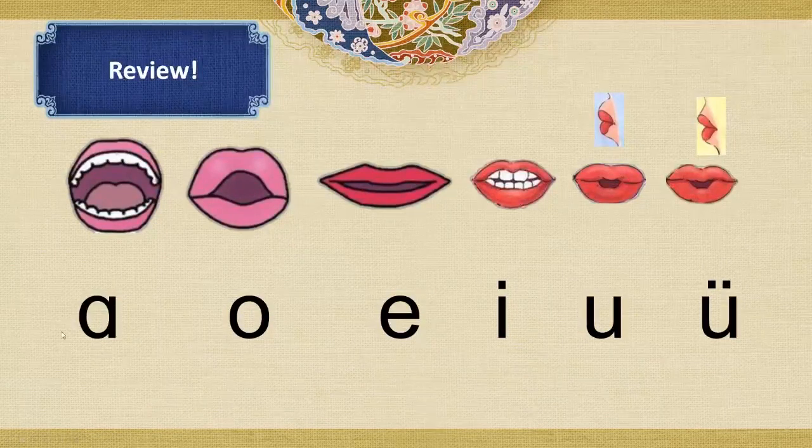Big mouth is a, round mouth is o, and then flat lips and closed teeth like a smile is i, and then listen to the Chinese u. And the last one, do like shh, be quieter.